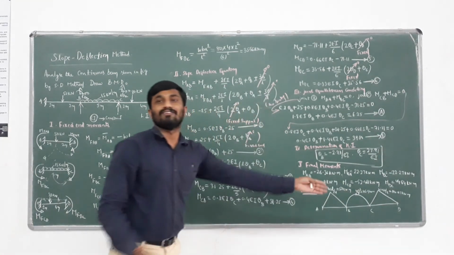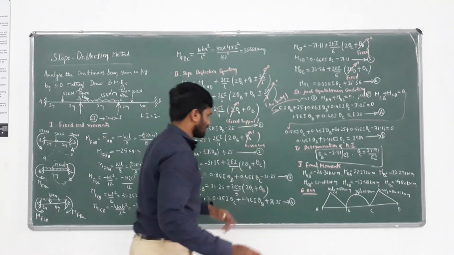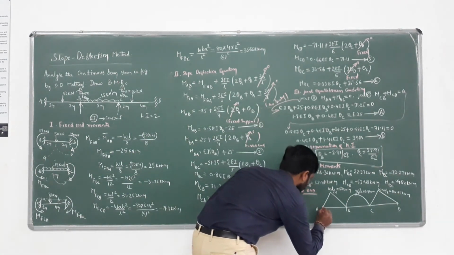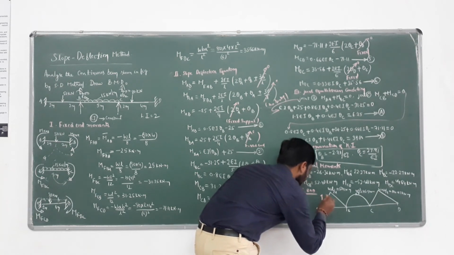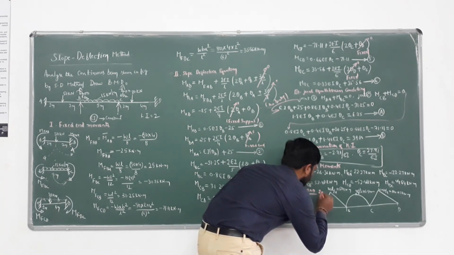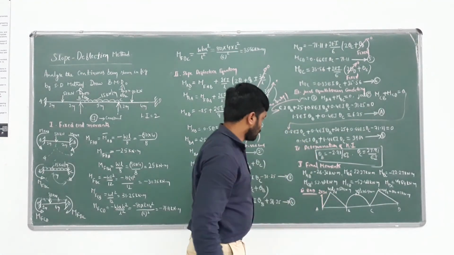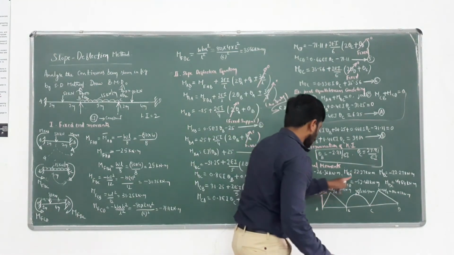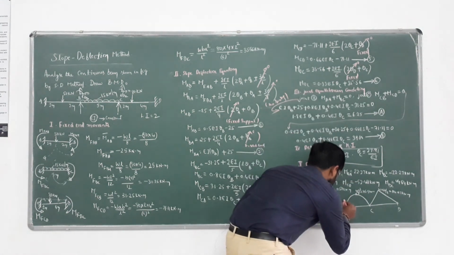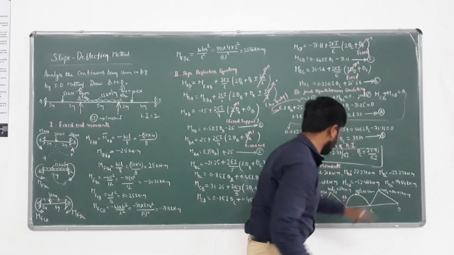Now I will draw final moments. It's just simple. MAB is minus 26. Next, it will become 22. Next, it will become 52.